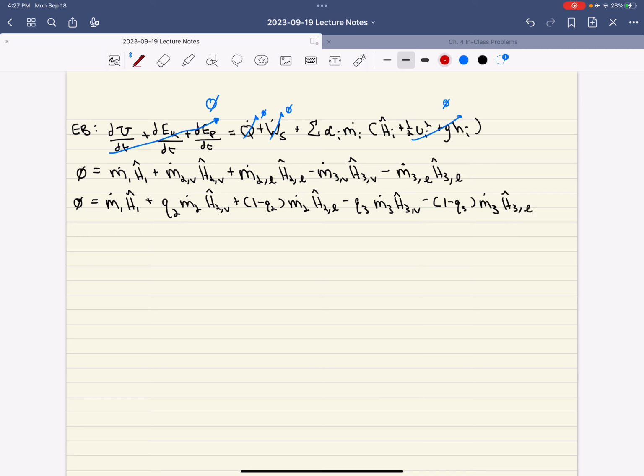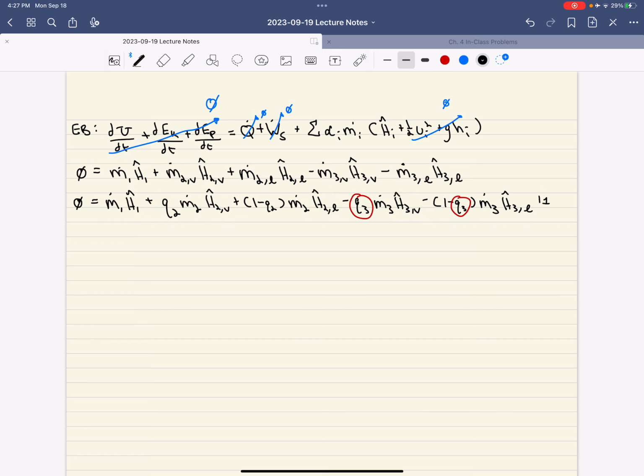Okay? So we have this somewhat lengthy equation, but when we look at it, there's really only one unknown that we're dealing with, Q3. In order to solve for that mass quality, which the problem asks us to solve for, all we have to do is look up all of the different enthalpy values. And then we'll be able to solve for the mass quality.